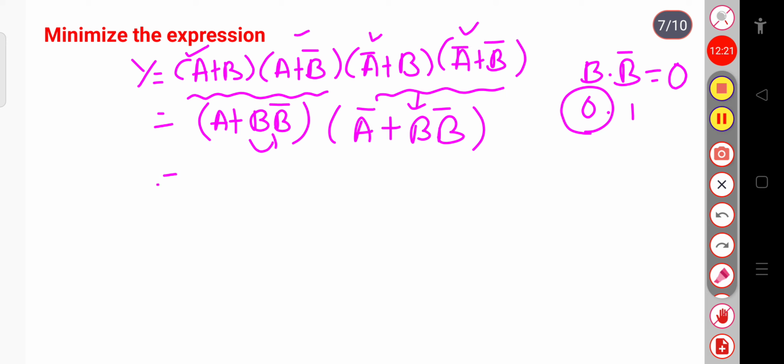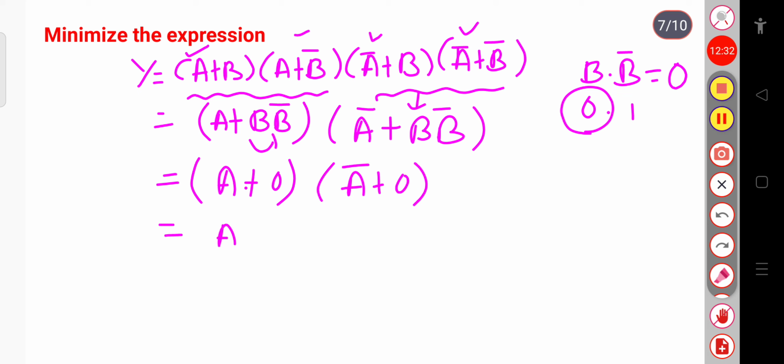You will get a plus 0 into a bar plus 0, which is equal to a into a bar. So what is the value of a into a bar? Similarly, this is also equal to 0. When it is given to minimize the expression, it means you have to use this formula to solve it. Let us take another example.